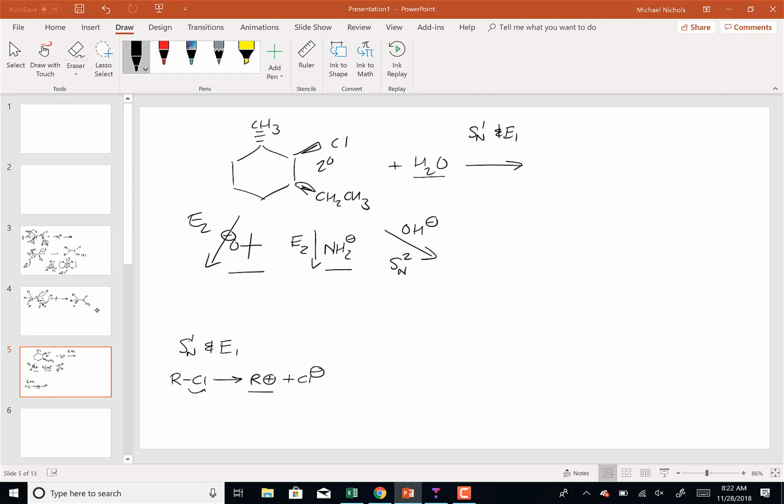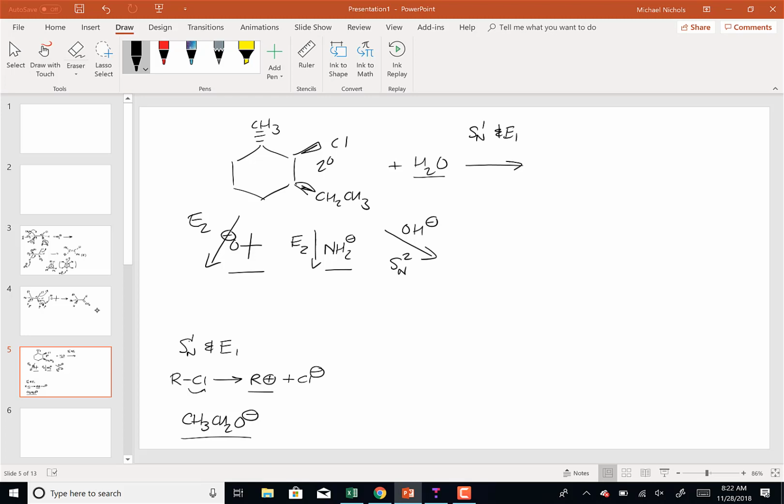The book uses things like CH3CH2O minus, and I'm avoiding those right now because that's a strong nucleophile and a strong base, so what's it going to do? It has this bipolar type behavior, it can do either one. The first thing it tries to do is be a nucleophile.